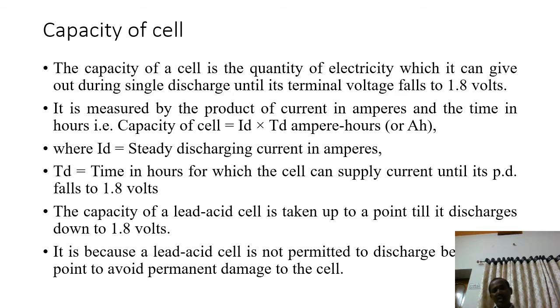So what is the capacity of the cell or battery? 1 into 60 ampere hours, that is the capacity of the cell, right? Note this point, all of you.